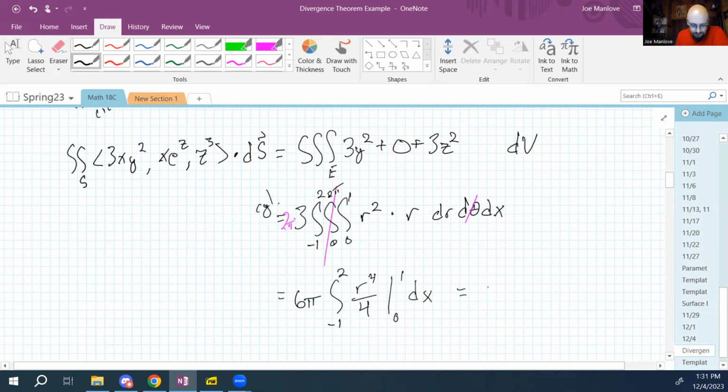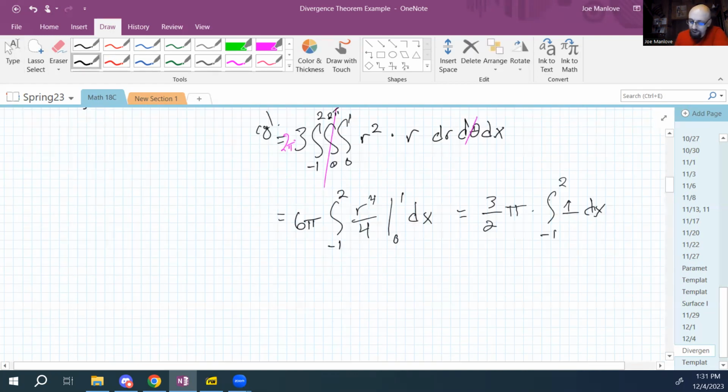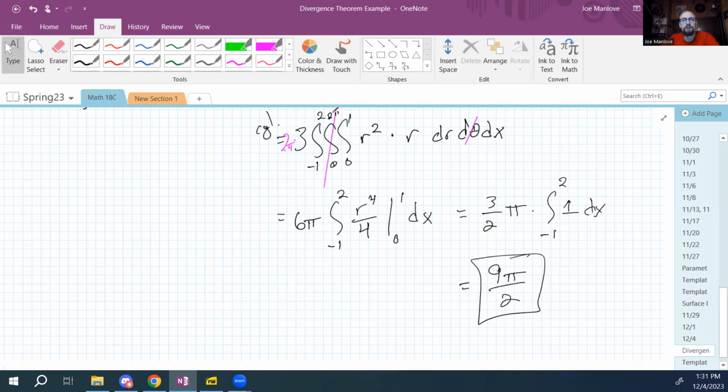And that's going to give me a 3/2 pi. And then I need the times the integral from -1 to 2 of 1 dx. That's just the length of that interval. So that's an interval of length 3. So I'm going to get 9 pi over 2. Check, done. Should be good enough.